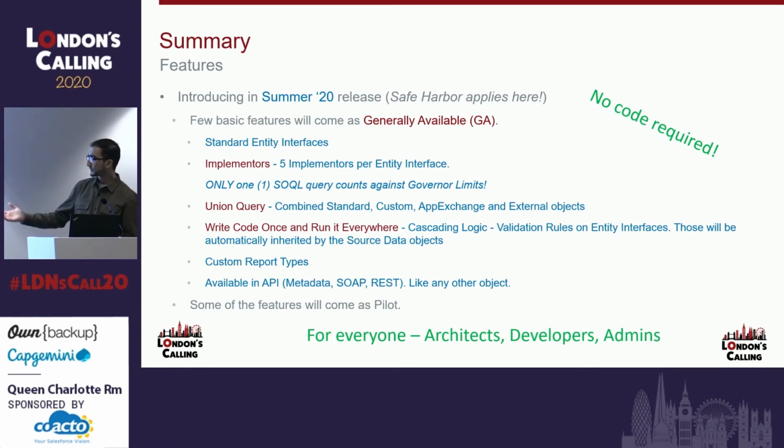This feature is not just for architects or developers. It is very useful for admins, point and click, no code required. A really powerful tool, so keep an eye on the Summer '20 release.